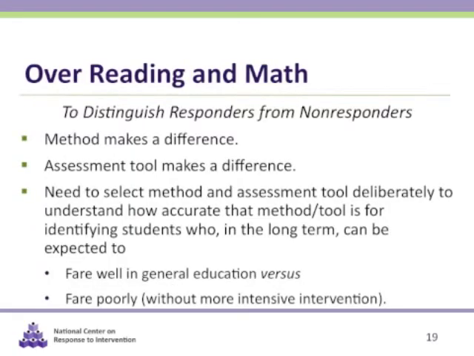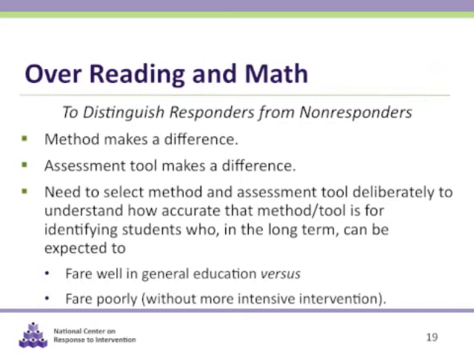So across reading and math, to distinguish responders from non-responders, the method, are you using final status? Are you using slope of improvement? The method makes a difference in how sound your decisions about responsiveness versus unresponsiveness will be. Assessment tool also makes a difference.